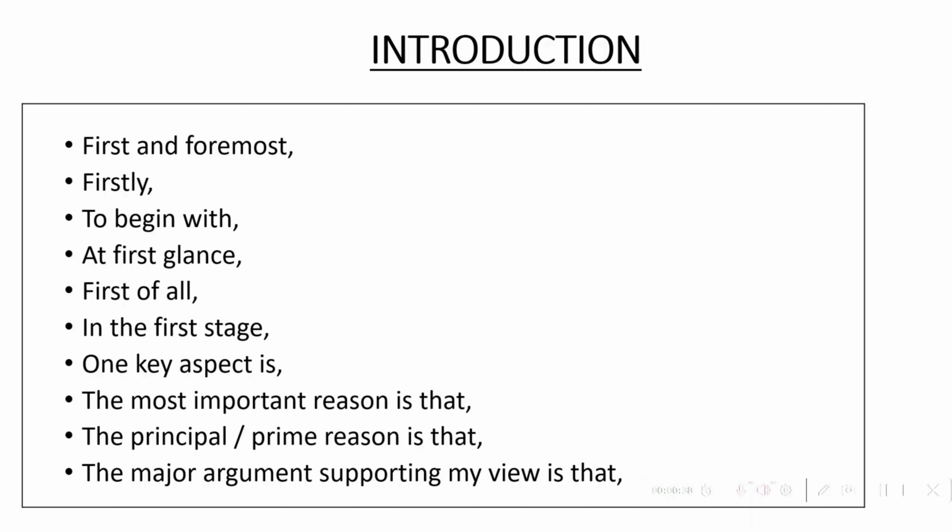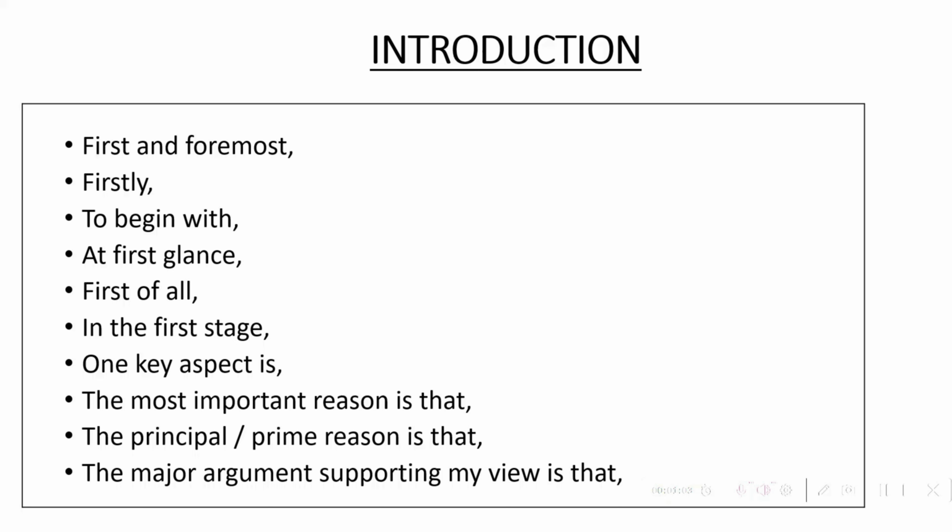So, first, we will go through the various linkers that we can write in the introduction paragraph or when you're starting a particular statement. So, you can write first and foremost, or you can write firstly, to begin with, at first glance, first of all, in the first stage, like if there are lots of stages, if it's a process.